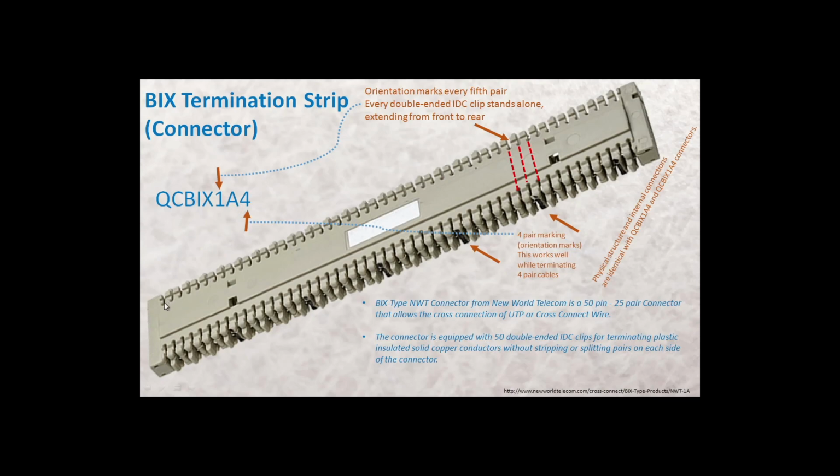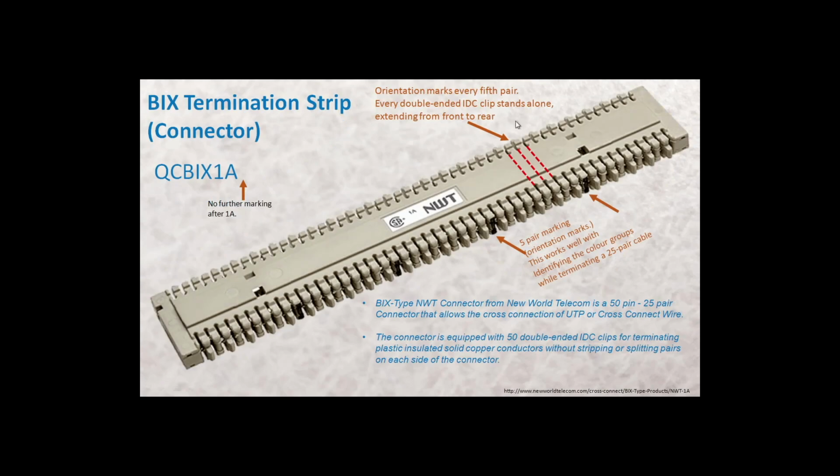1A means there's a 1-to-1 connection here, and 4, these are just orientation marks. Now physically there is no difference. If somebody dipped it in some sort of chemical solution that would erase all the orientation marks from here, then there would be no difference in physical connection.